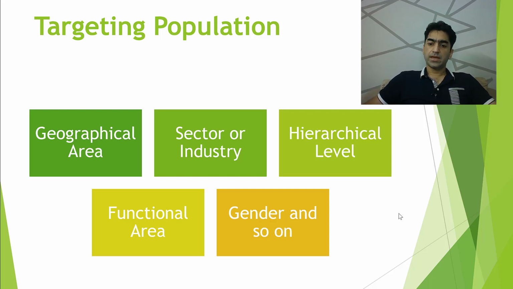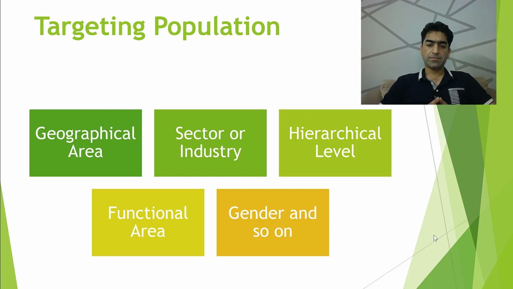Population can be limited to a hierarchical level, and it means there are different hierarchies in the organization. So are you going to approach all the individuals across the board, or are you going to target only the staff level or the management level? And then at a management level we have lower level, middle level, and upper level of management.